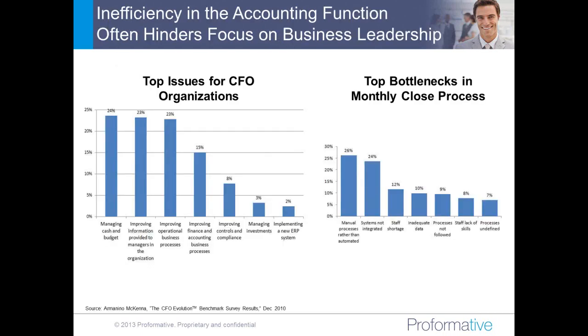Great feedback. So some top issues that we see from CFOs, as some of our partners survey these folks, are a couple of things. Managing the budget, providing information to the leadership team, making sure that we're going to improve some operational business processes, and then obviously on the monthly cycle, which all of us in the accounting world have come to know and love, things that aren't automated, which was number one there, systems not being integrated.